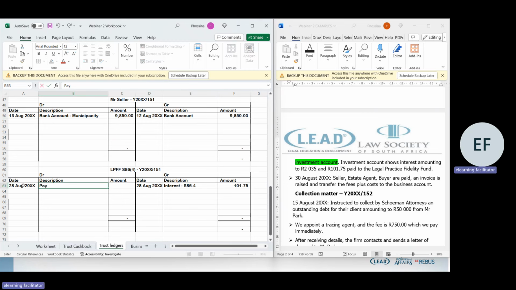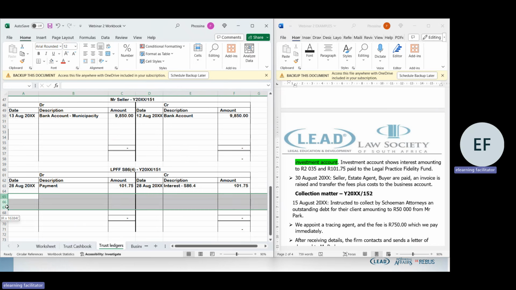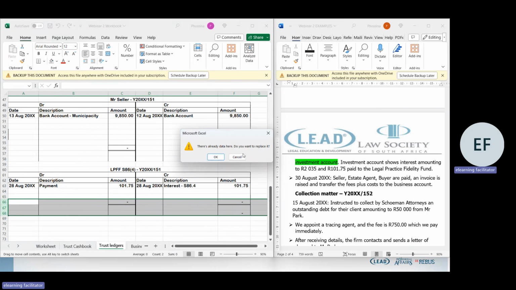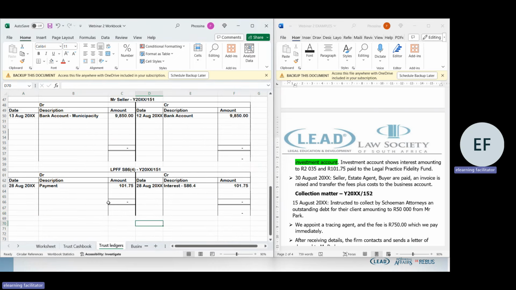So it's a payment from the section 86.4 account, how much? 101.75. Okay, so we have received, paid. So our double entry is complete. Every transaction should be recorded as a double entry like that.